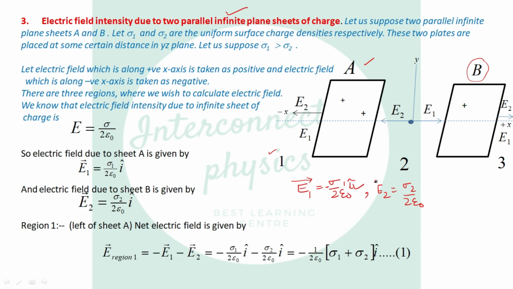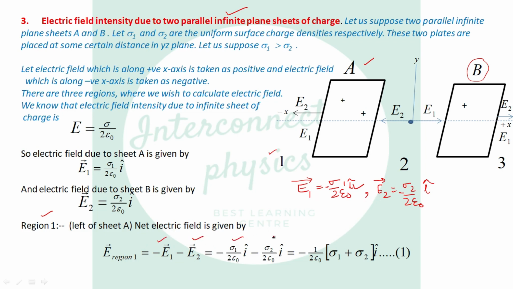It is E2 equal to sigma 2 over 2 epsilon naught, but it is also away from the sheet, meaning along the negative x-axis. If we are in region 1, along the negative x-axis, the result is minus sigma 2 over 2 epsilon naught i cap. So the net electric field in region 1 is minus E1 and minus E2 because both are negative.